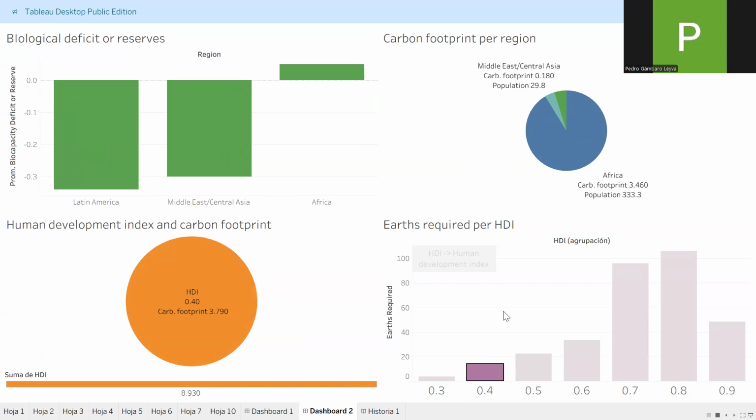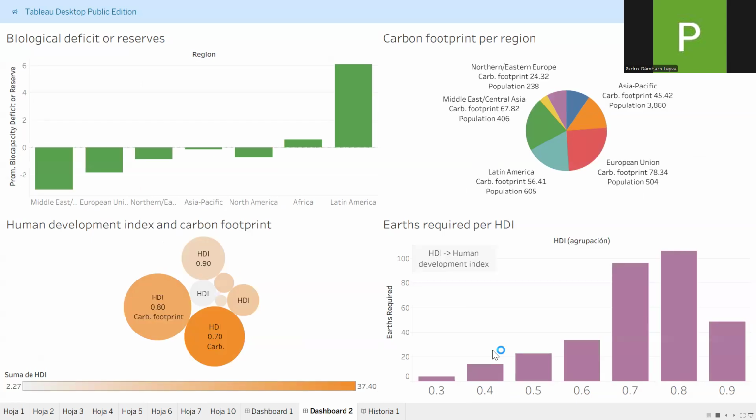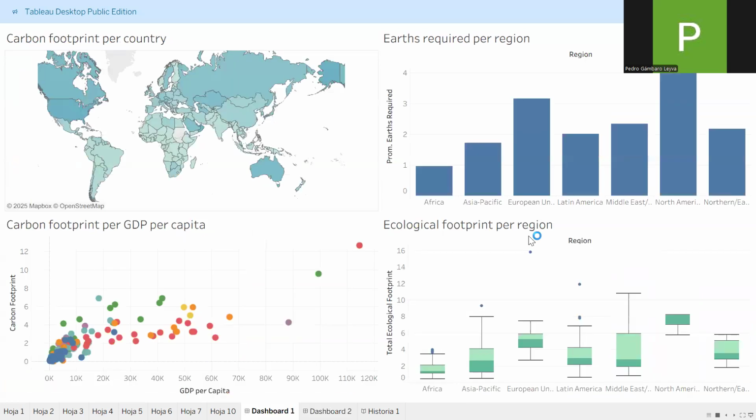So, in my opinion, countries that are highly developed should follow what super developed countries are doing in order for them to lower their carbon footprint. And lastly, they should try to follow the North American steps in order for them to keep their carbon footprint down, as the United States is spending lots of money trying to improve their ecological footprint. That was everything. Thank you.